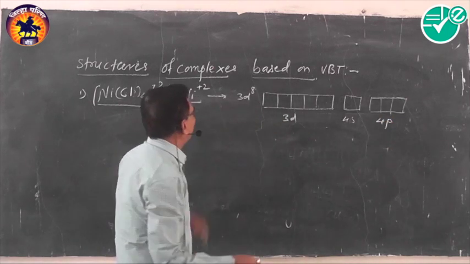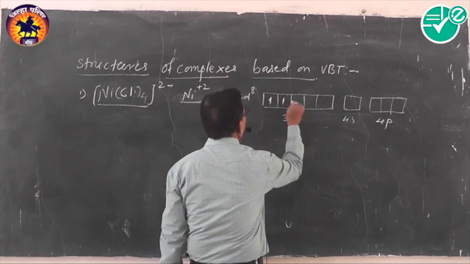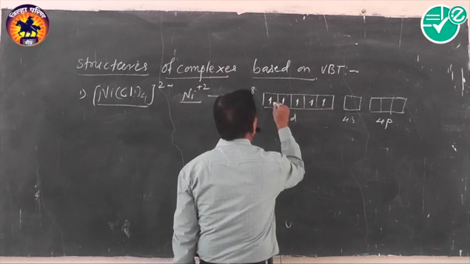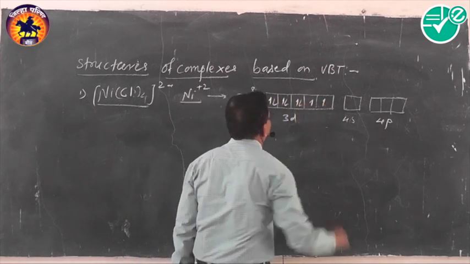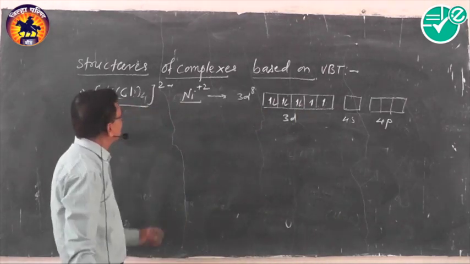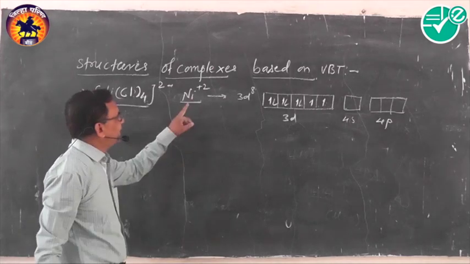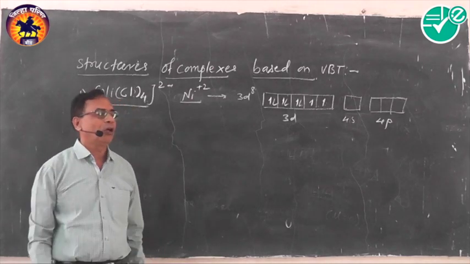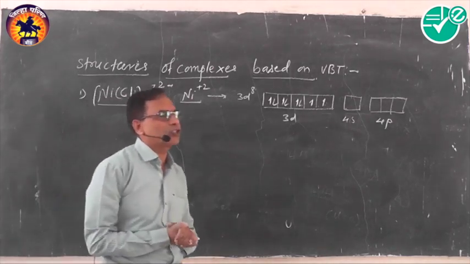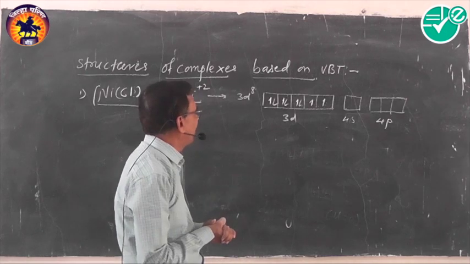So electronic configuration is 1, 2, 3, 4, 5, 6, 7, 8. Since its coordination number is 4, this nickel makes available 4 vacant orbitals for the hybridization.